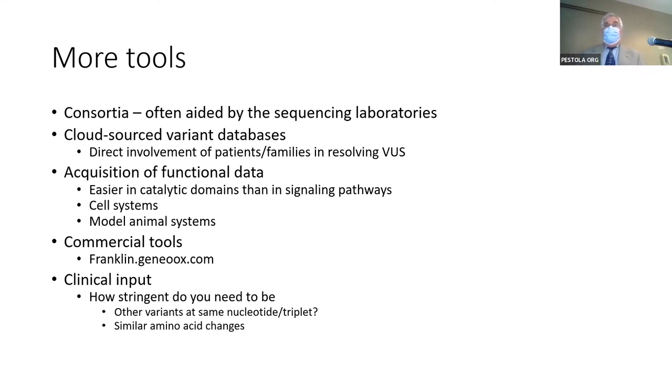But I had a case with a change of a methionine to one of the branch chain amino acids. ClinVar had the other two branch chain amino acids as being pathogenic. They didn't call mine. I looked at my patient and went, yeah, it fits. It's a good fit. I called it.